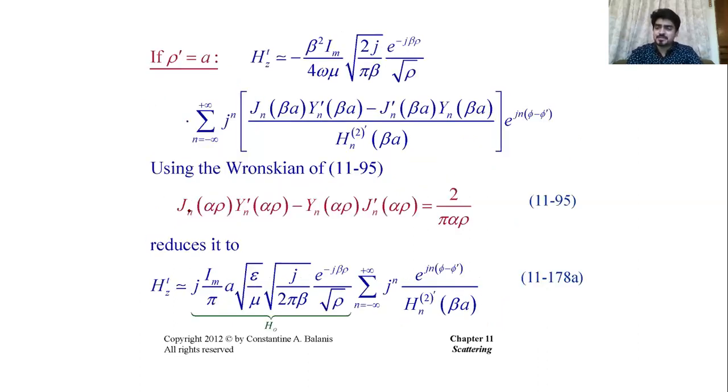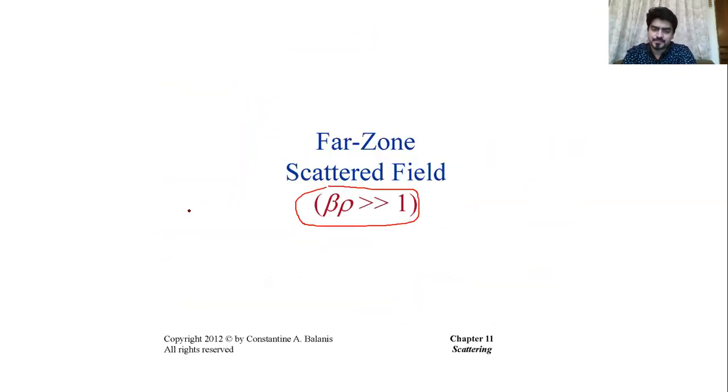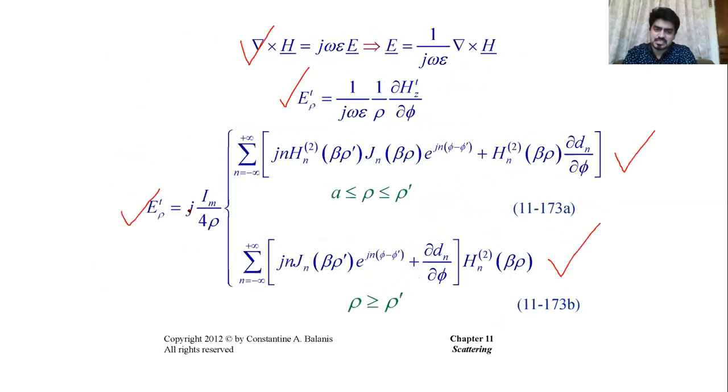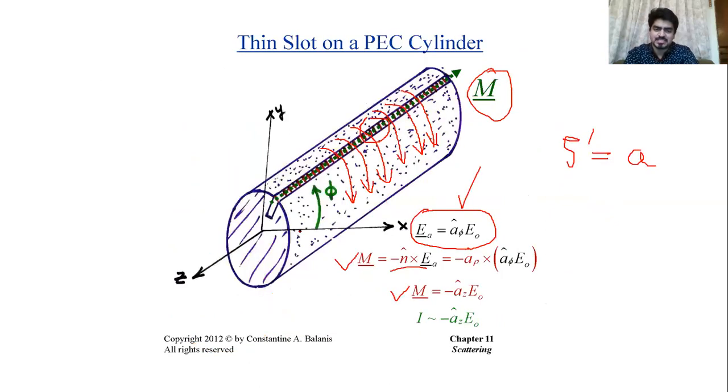Now the next step is, as we just showed, one of the applications is when your magnetic line source is placed right on top of the cylindrical or circumferential surface of the cylinder, along the length of the cylinder, along the axis of the cylinder. And when you have that kind of case, it is equivalent to having a thin slot on the PEC cylinder.